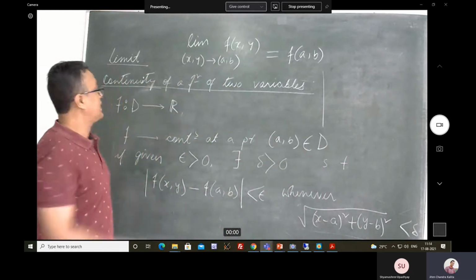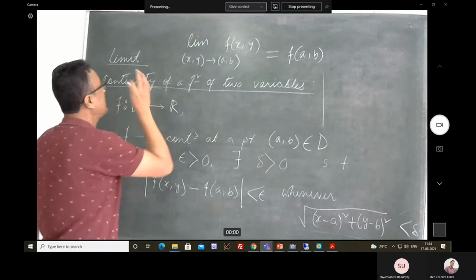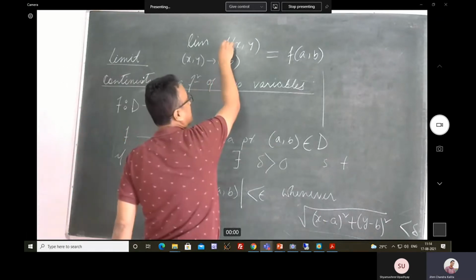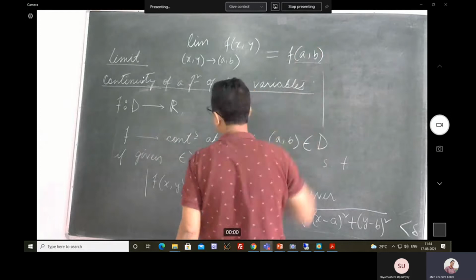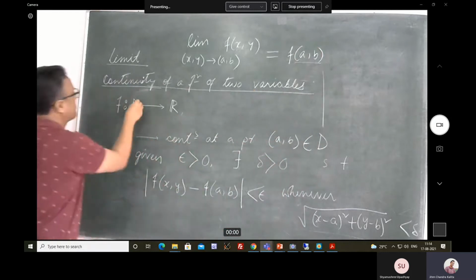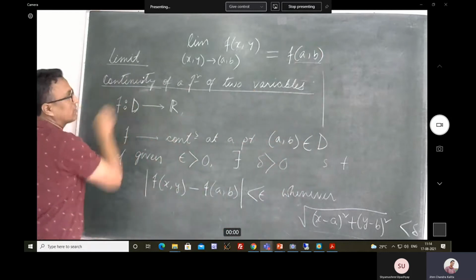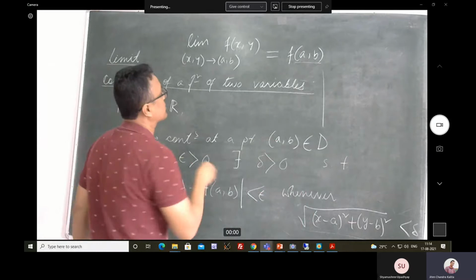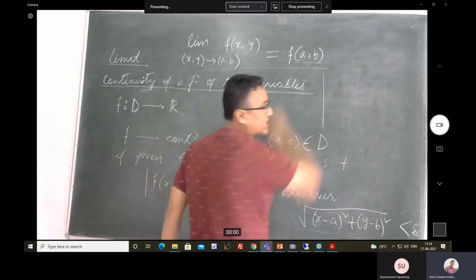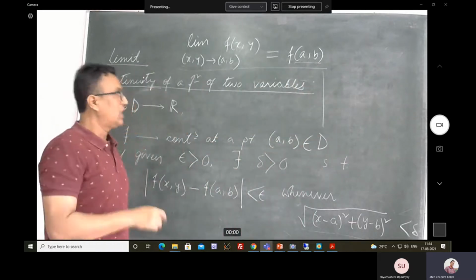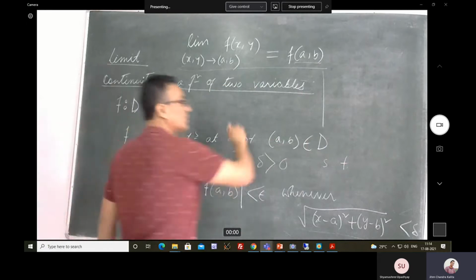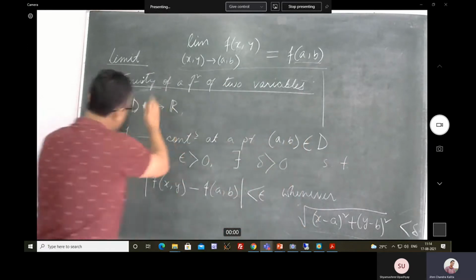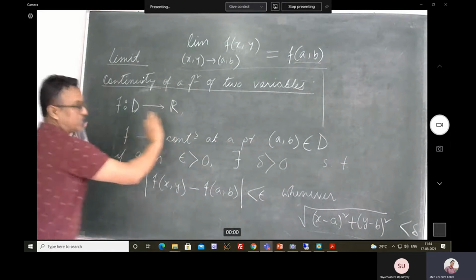We say that a function f is continuous at the point (a, b), where (a, b) belongs to the domain of definition of the function, if this happens. Now, if this is to happen, then I can frame the definition as this.